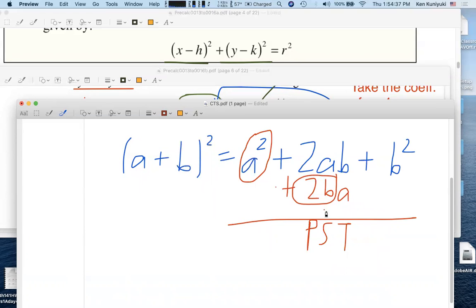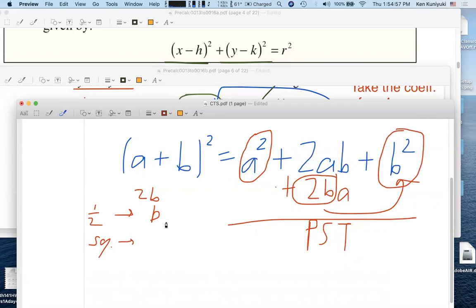What do we do to 2b to get the b squared over here? To get from 2b to b squared, you take half of 2b, and then you get b alone, and then you square the b to get b squared.